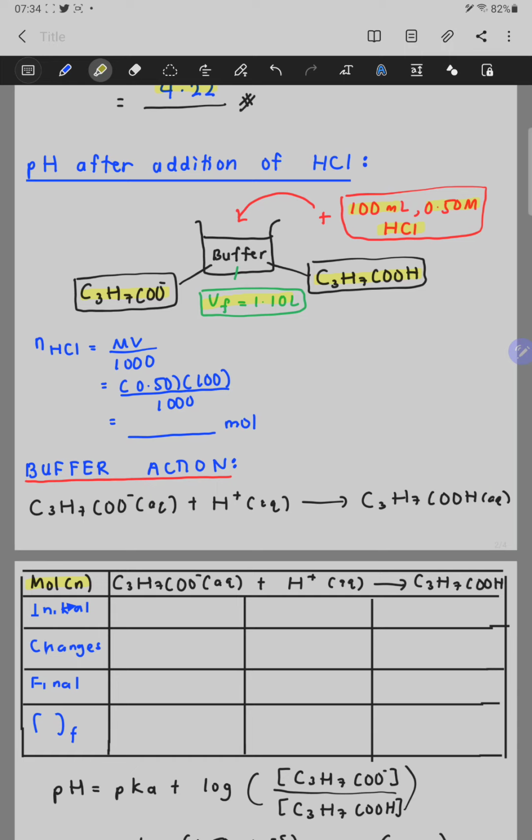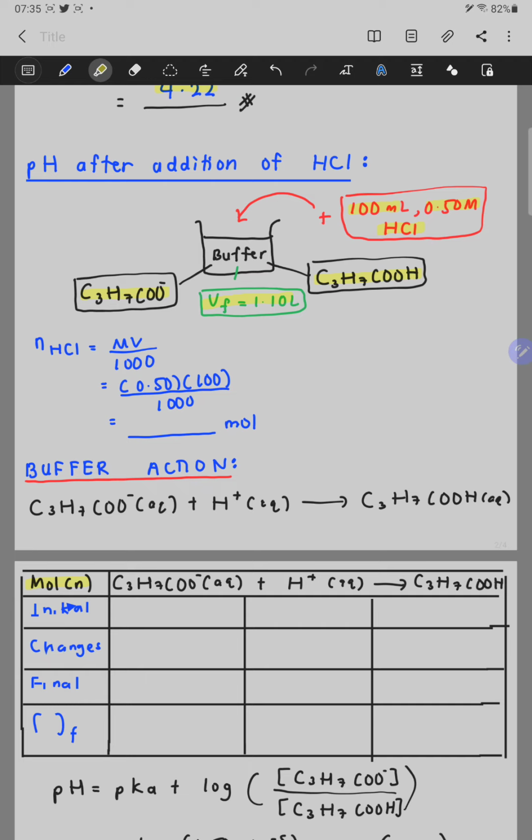Okay, tadi ice table dalam bentuk concentration kan, sebab dia mention volume of buffer after addition tak berubah. Tapi untuk example tu, after dia bagi specific 100 ml of strong acid, so volume of buffer berubah after addition of HCl, maka ice table dalam bentuk number of mole.